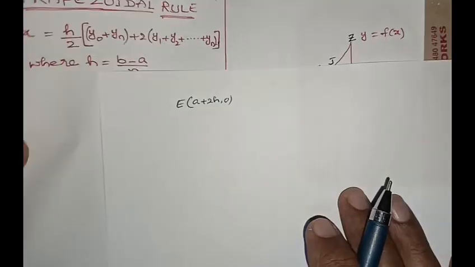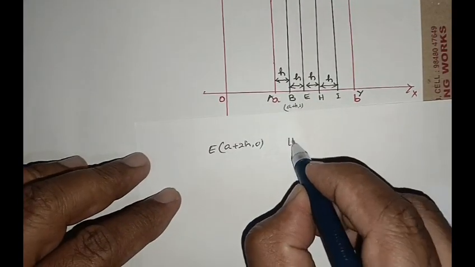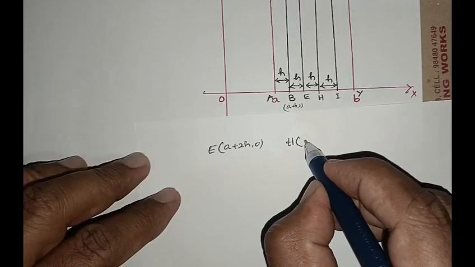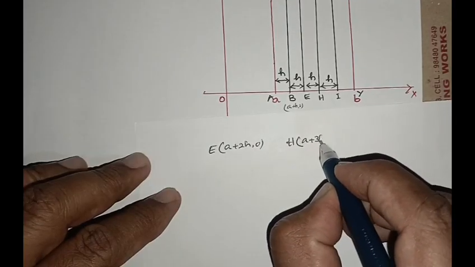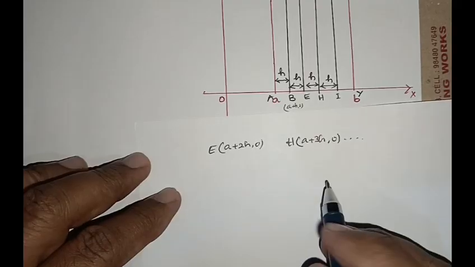Similarly, the coordinates of H are (a plus 3h, 0). In this way it continues.